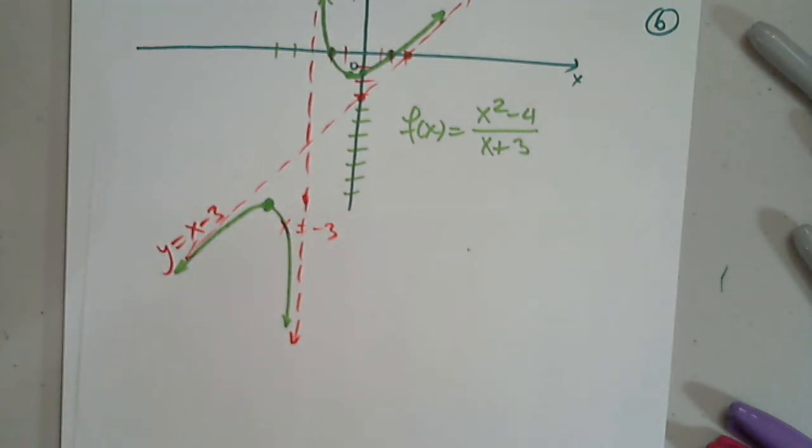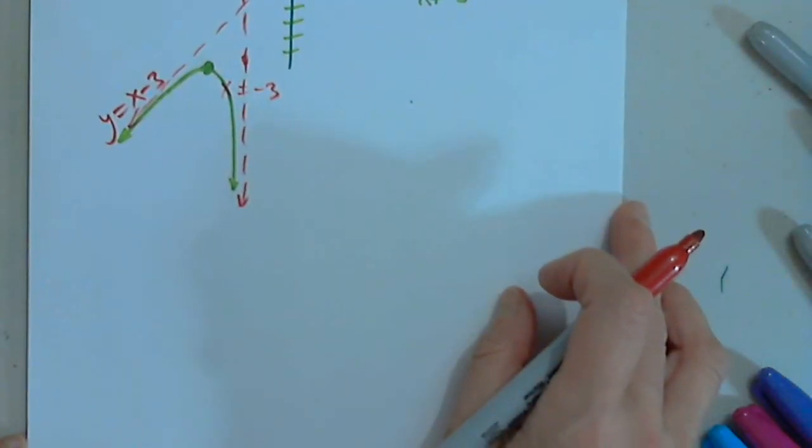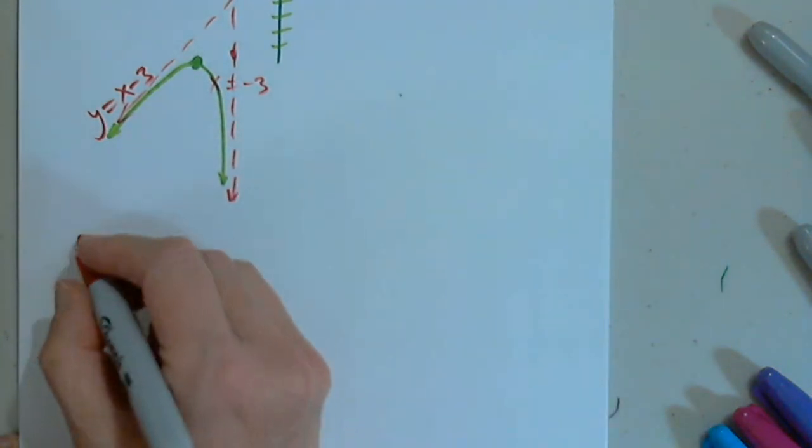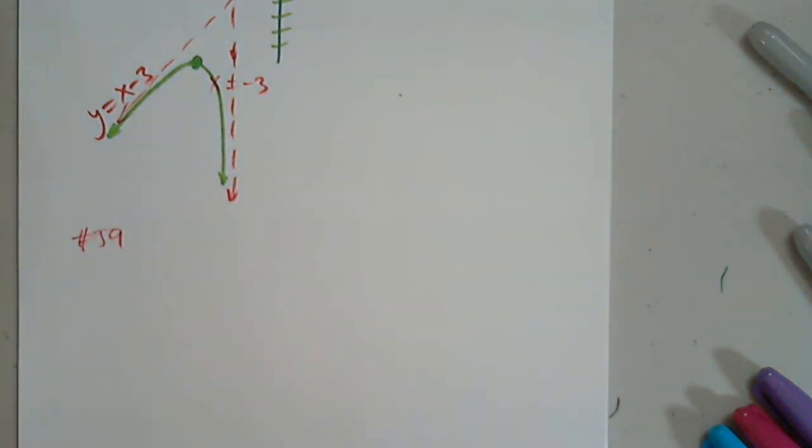Okay. Do we have time to quickly look at a word problem so we can move on? So let's look at a word problem. Let's look at the total cost and revenue in dollars from producing.